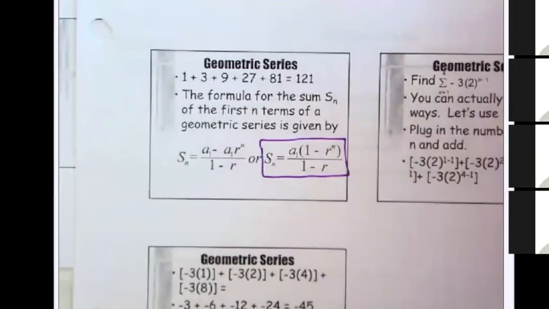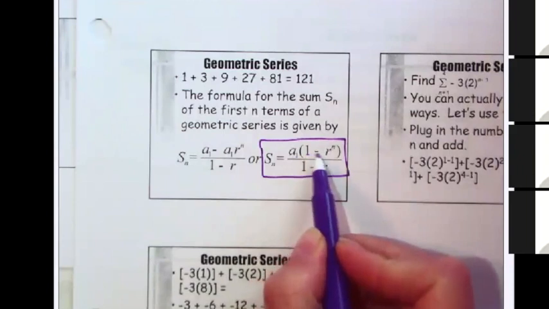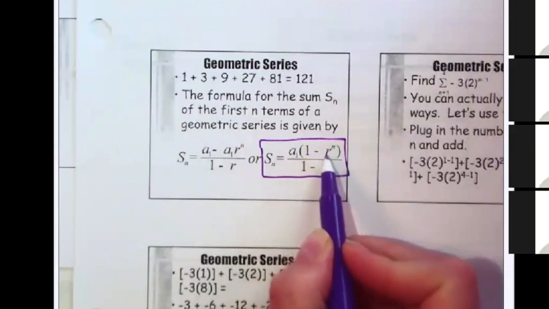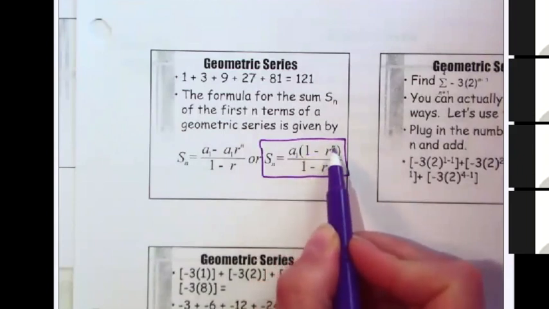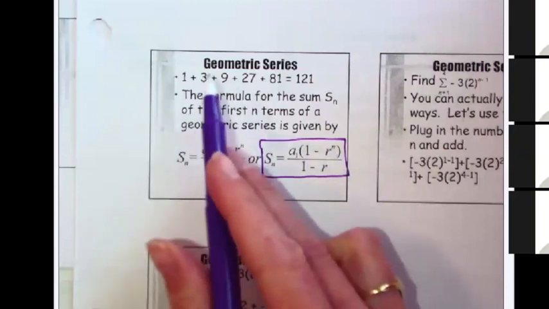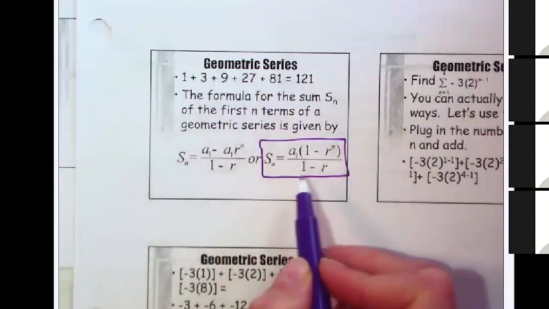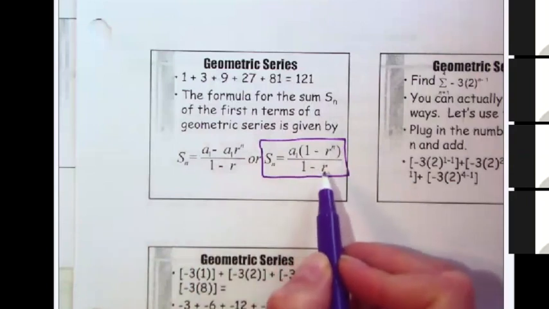So this is the first term times 1 minus the common ratio raised up to the n power, so however many we're looking for the sum of. So if we're looking for the sum of the first 5 terms, we would plug in a 5 there, divided by 1 minus that common ratio.